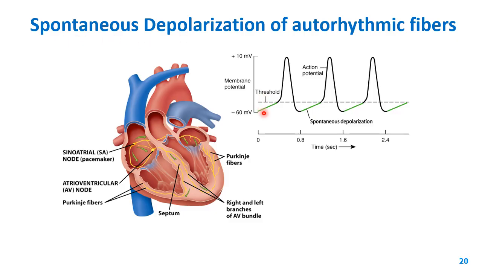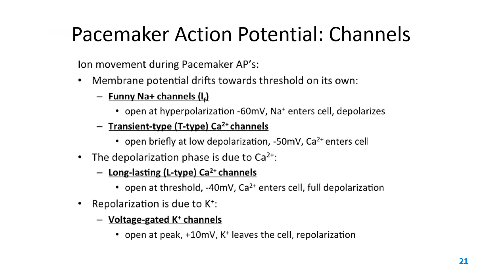This is why they are spontaneous. Firing is just spontaneous once they reach the threshold. Here is your funny current that has to do with sodium, and everything else is the same as before.